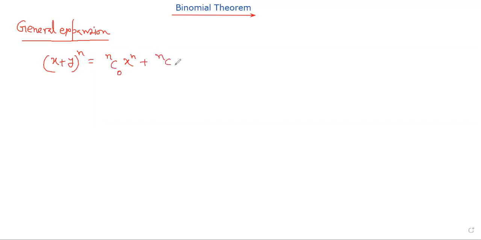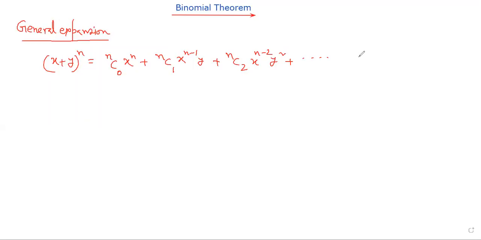Next one, nC1, then nC2. In this way, the coefficients follow one after the other. Then nC1 comes with x to the power n minus 1, y to the power 1, plus nC2 x to the power n minus 2, y to the power 2. In this way, the expansion goes on. And there would be a general term.